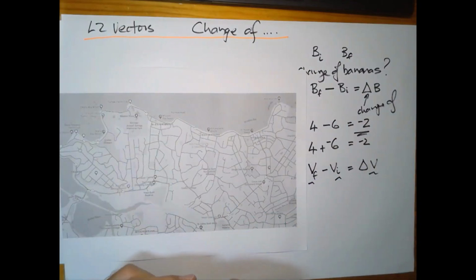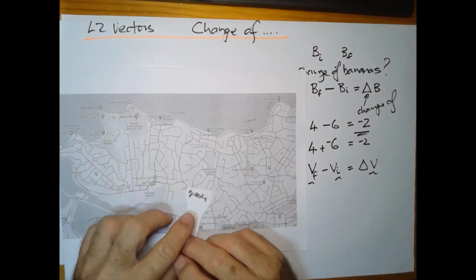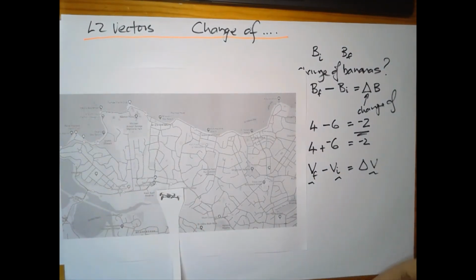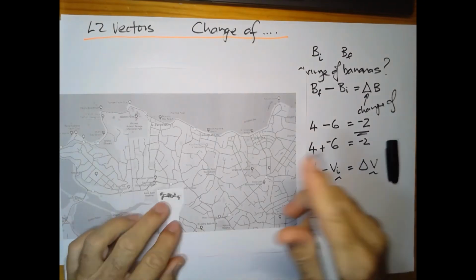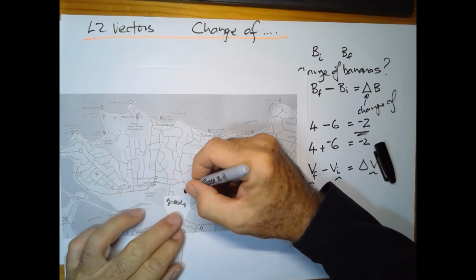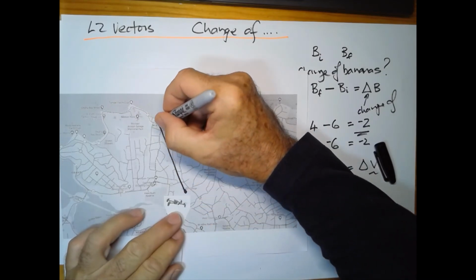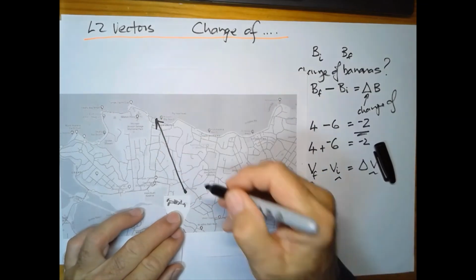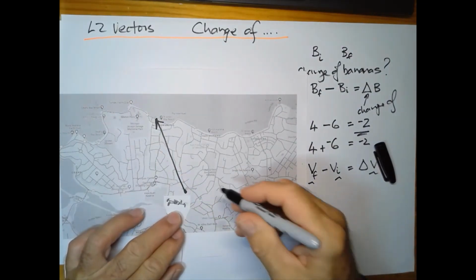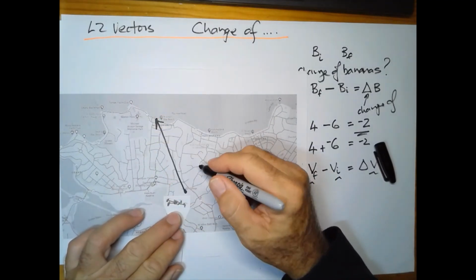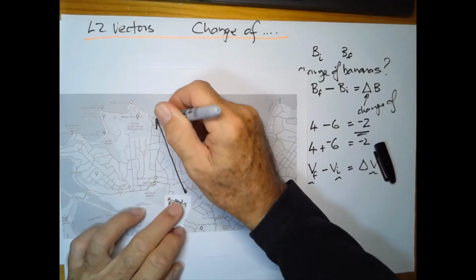We're going back to our drone and we're starting again at Selwyn College, a very good place to start. And we're going to fly our drone now from the school up to Mission Bay, the far end of Mission Bay, near the fountain. So our initial displacement is from here to here.